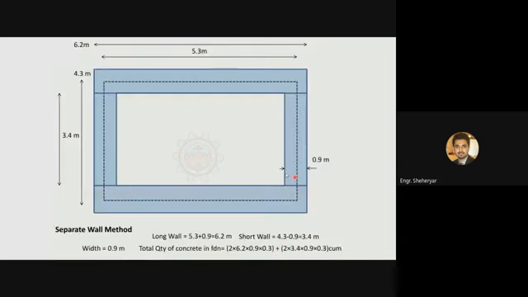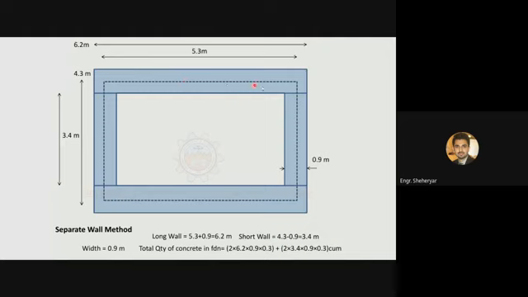So wall thickness is 0.9 meters and the center to center distance is 5.3 meters and 4.3 meters. 5.3 meters is from this center point to the other center point. Now, as I have assumed that the horizontal walls are long walls and vertical walls are short walls, what will be the length of the long wall?